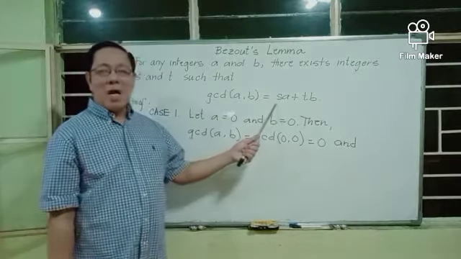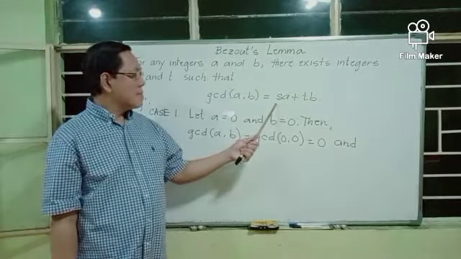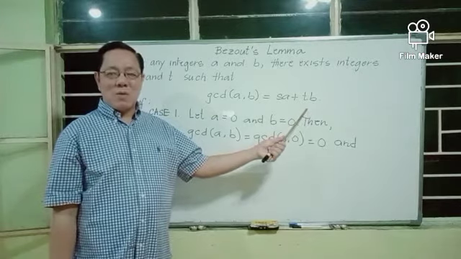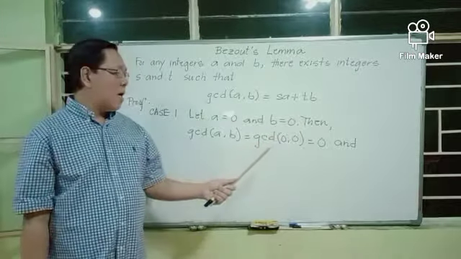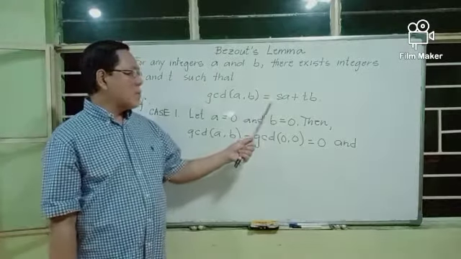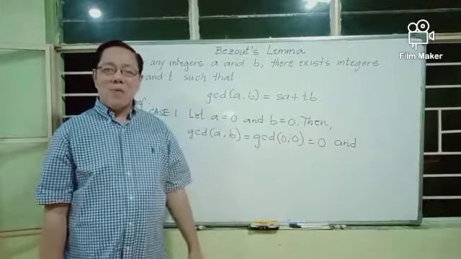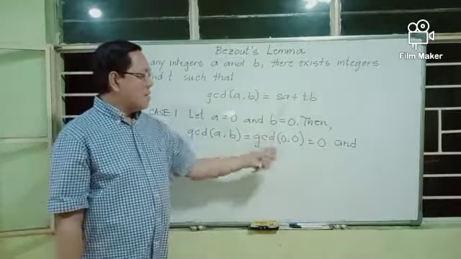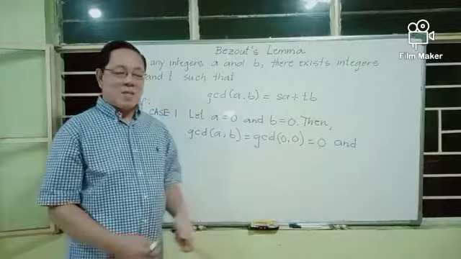Now we show that the right-hand side of this equation is also equal to 0. And therefore we will conclude that the greatest common divisor of 0 and 0 is equal to the linear combination of a and b, where a and b are both 0.